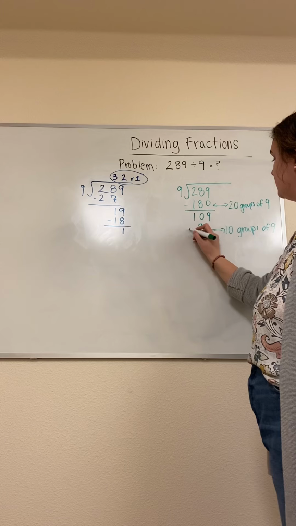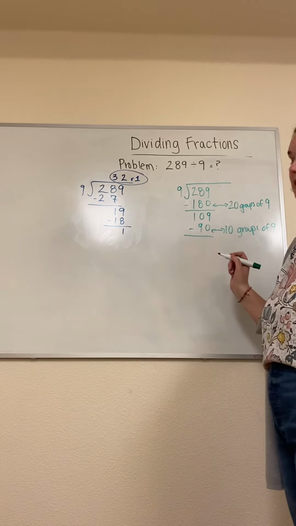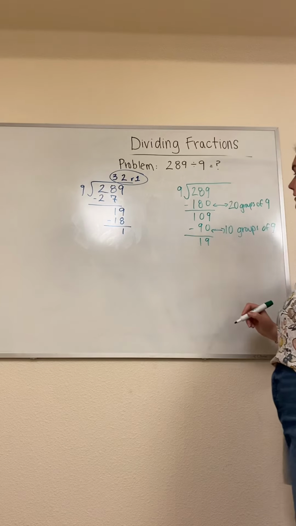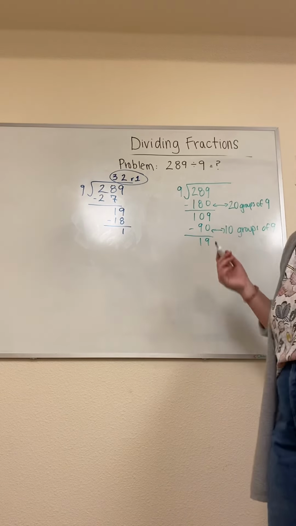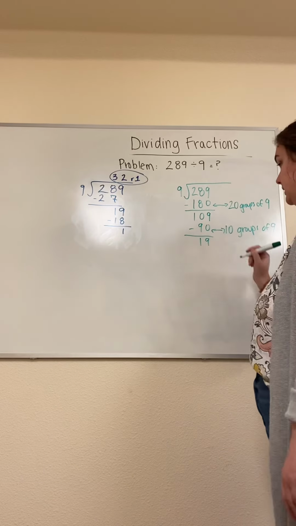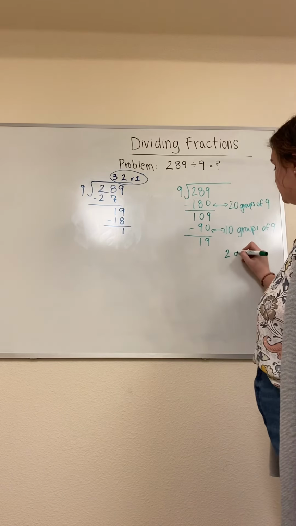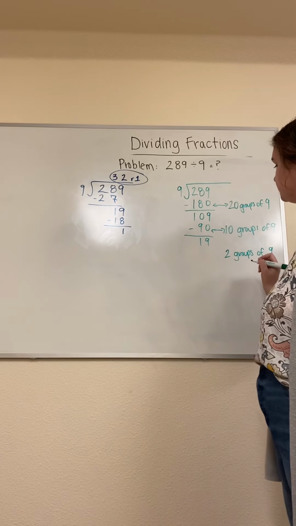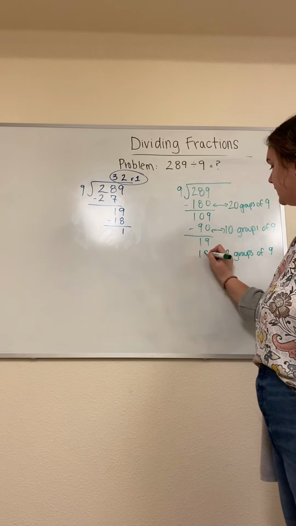And we're going to subtract that out so that we know what we have left. And this is going to leave us with 19. And that's pretty easy because we know that 2 groups of 9 is 18, which gets us pretty close. So we're going to say we have 2 groups of 9. And that gives us 18.